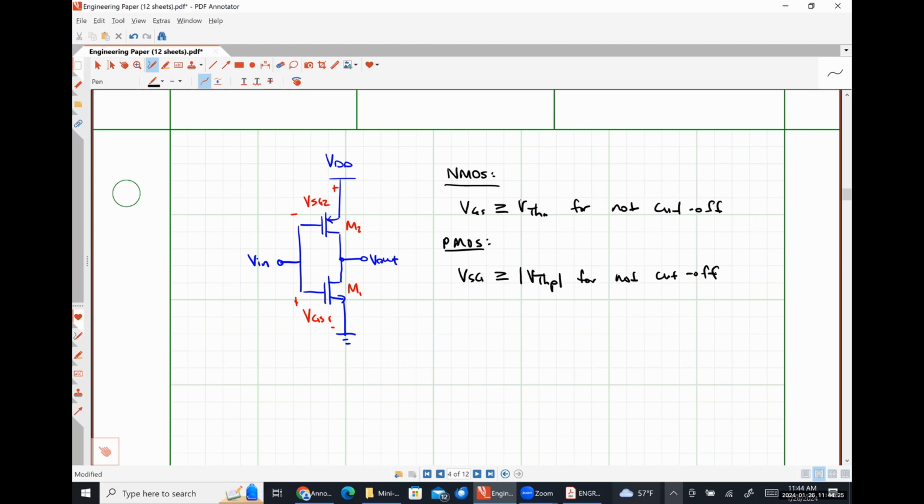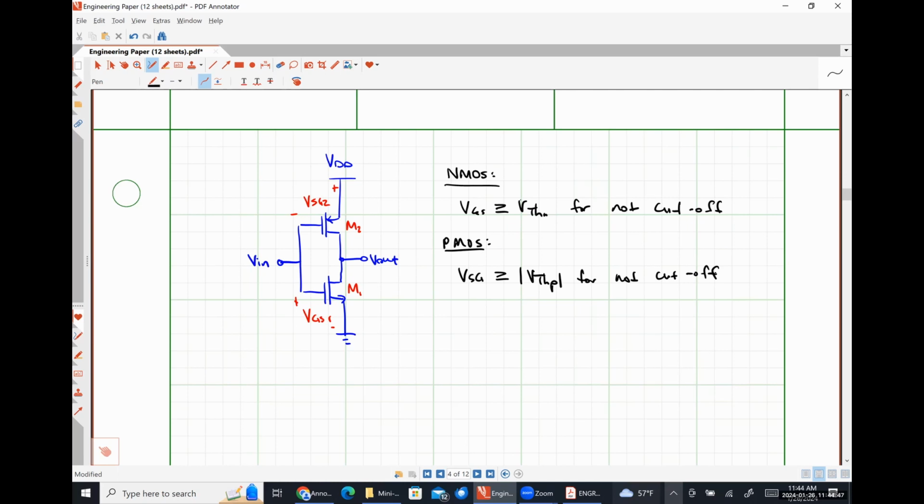Okay, so let's say that I put high voltage here. If I put a high voltage here, then this transistor M1 is not in cutoff mode.